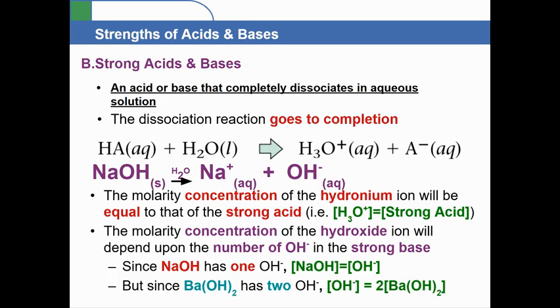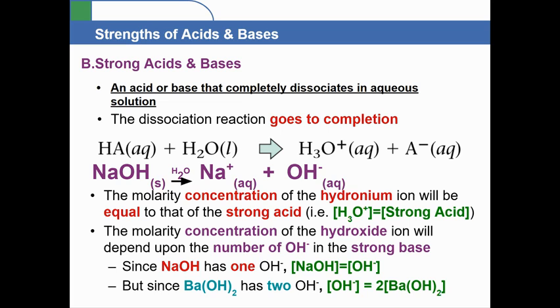Basically, if it's something like NaOH, you notice it has 1 hydroxide. Therefore, whatever its concentration is, when it dissociates for every 1 NaOH, it's going to produce 1 OH negative. Therefore, the two concentrations are always going to be equal to each other.